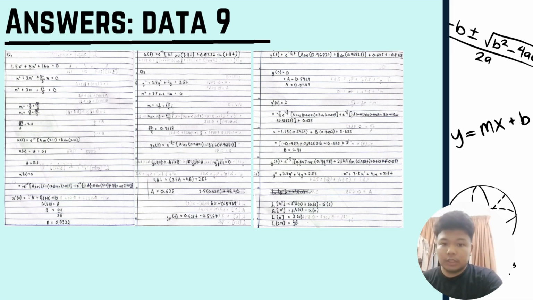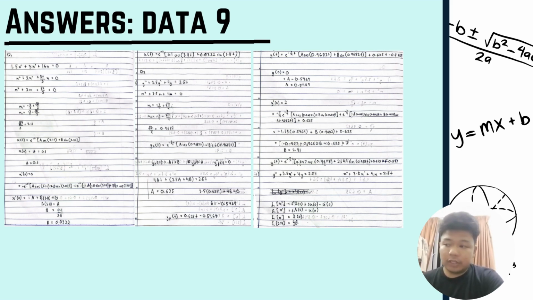So for x prime, we get negative e to the power of negative t, a cos 3.11t plus b sin 3.11t, plus e to the power of negative t, negative a 3.11 sin 3.11t plus b 3.11 cos 3.11t.